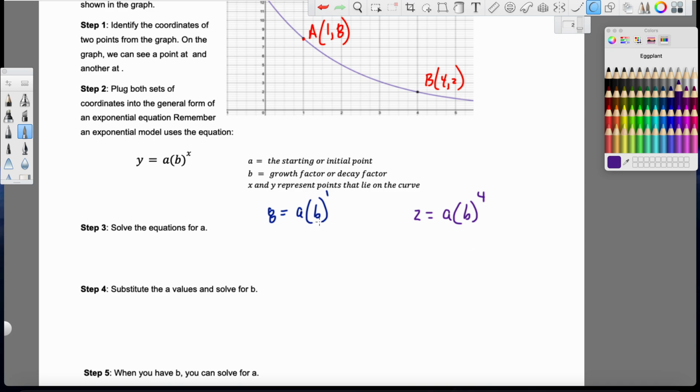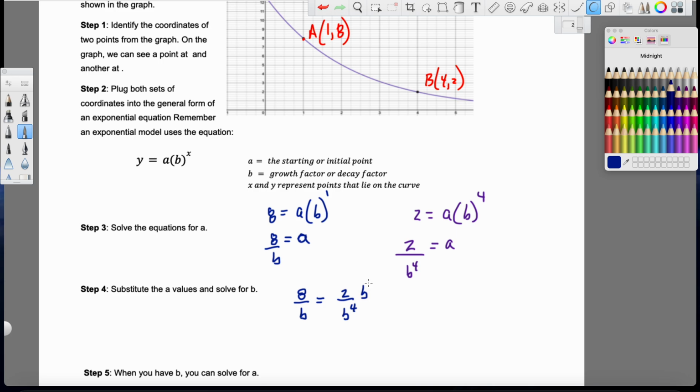Okay, so let's solve for a. A equals 8 over b. And here I've got a equals 2 over b to the fourth. Substitute the a's in, so I get 8 over b equals 2 over b to the fourth.